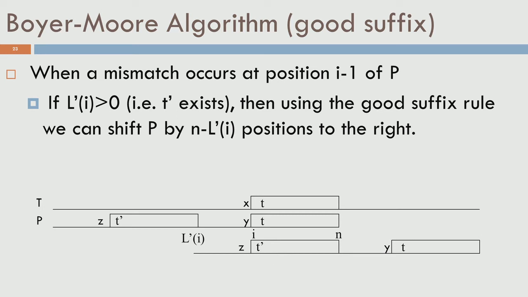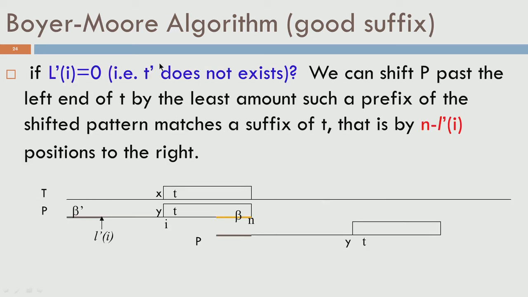Now, we have to worry about the case where capital L prime of i is equal to 0. In this case, it means that the pattern t prime does not exist, which means that t does not occur to the left of its current occurrence. Then we can shift P past the left end so that a prefix of P matches a suffix of t, and the way this is done is to compute the value small l prime of i and shift the pattern P to the right by n minus small l prime of i, and this is the shift that is recommended.